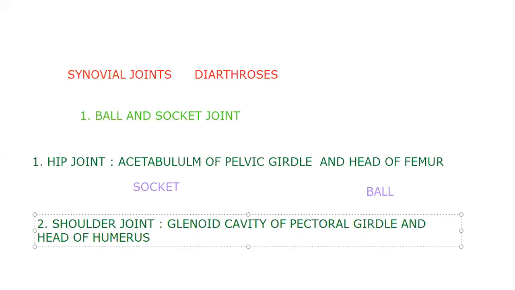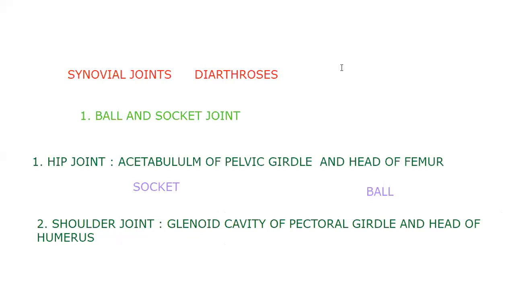I think you get related with these words here. And again, we need to see who is socket, who is ball. The glenoid cavity is the socket, and the ball is the head of humerus.